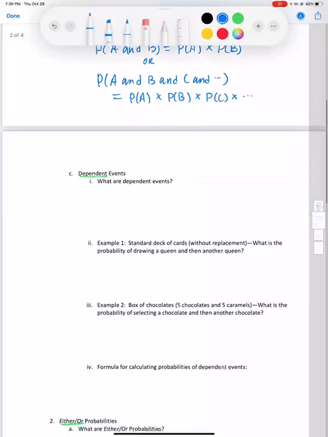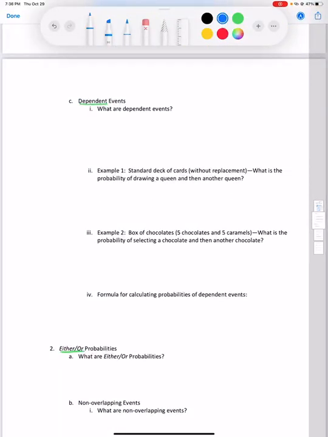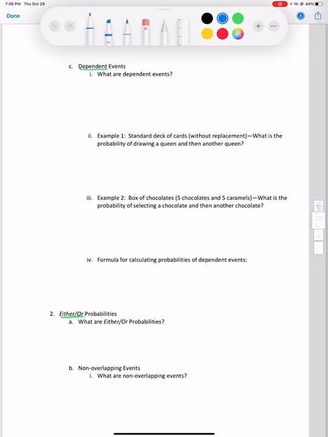Let's go to dependent events. The next type of AND probabilities is called dependent events.